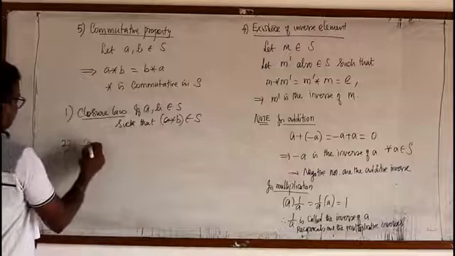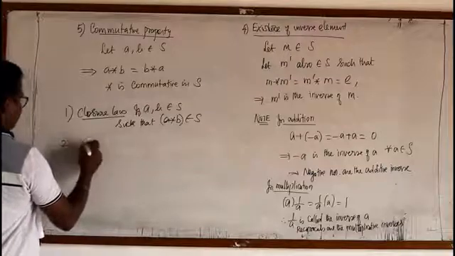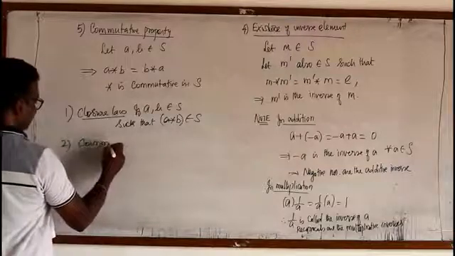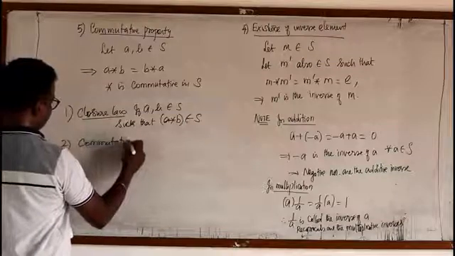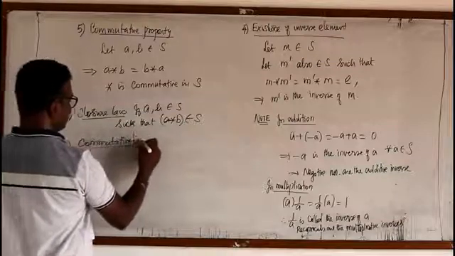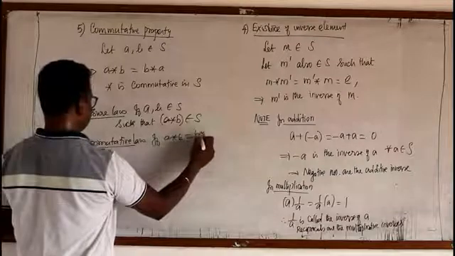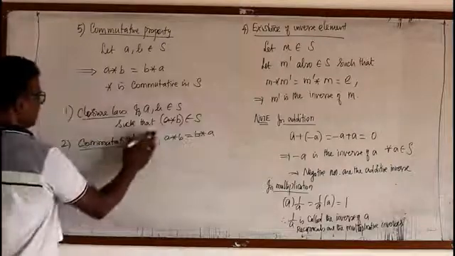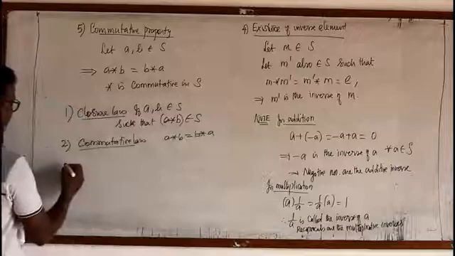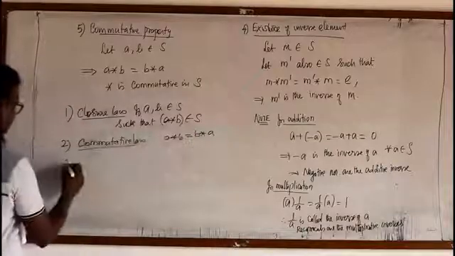Second is the commutative law. Once again I am repeating everything. If A star B equals B star A, then we say the star is obeying the commutative law.